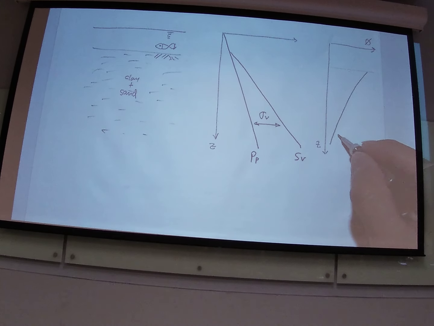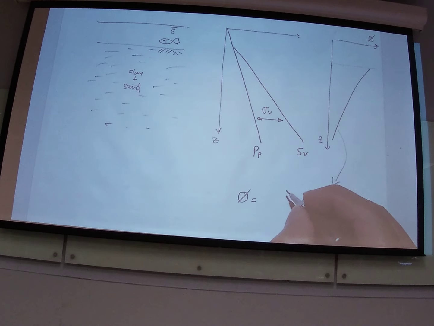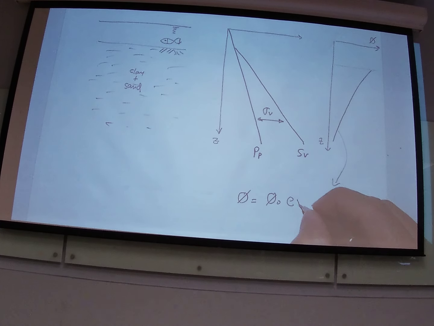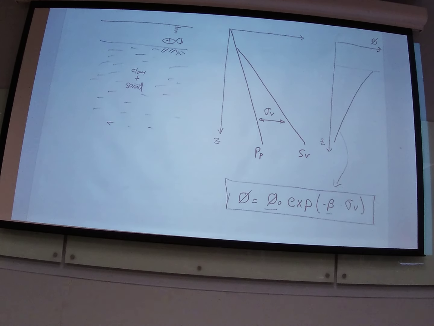There are many equations that allow us to capture this trend, and one of the most popular ones is one that says that the porosity is going to be related to two parameters: the porosity at a given reference stress times the exponent of beta, where beta is a parameter, times the effective vertical stress, where this reference porosity and this compaction parameter are those fitting parameters, and usually we get these ones from the laboratory.